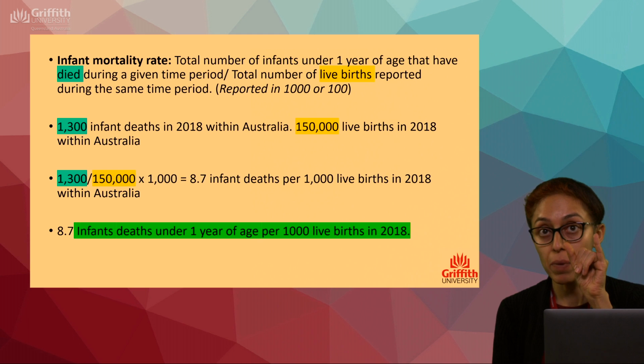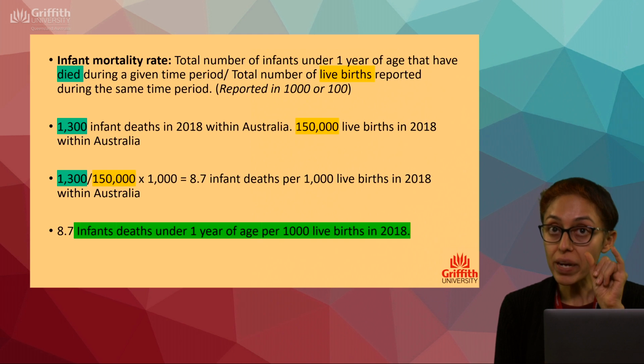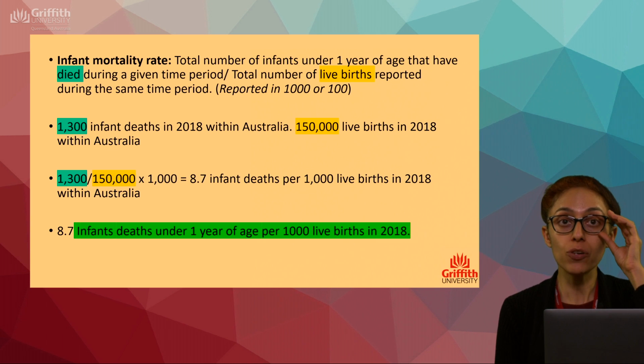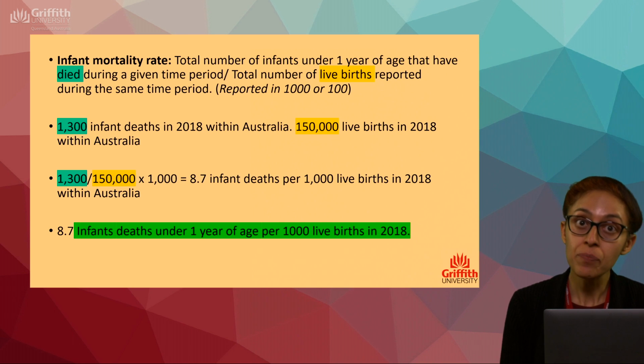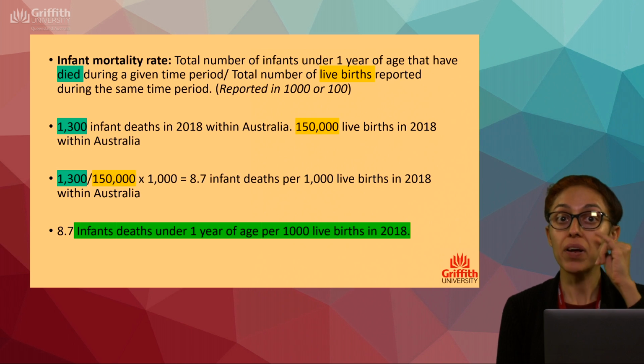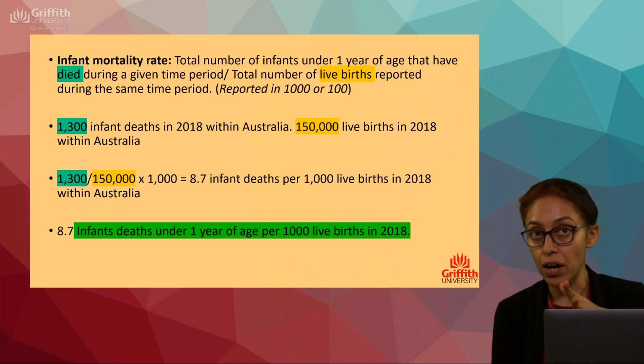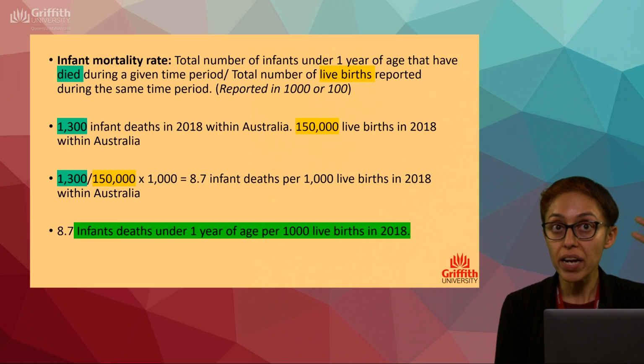There were so many live births in the same time period, in 2018 in Australia. So now you have the number in blue, which is the infants who died, divided by the number in yellow, and then multiplied by 1,000, because it is reported in thousands, and as you see the numerator is in thousands, so that's why times 1,000.